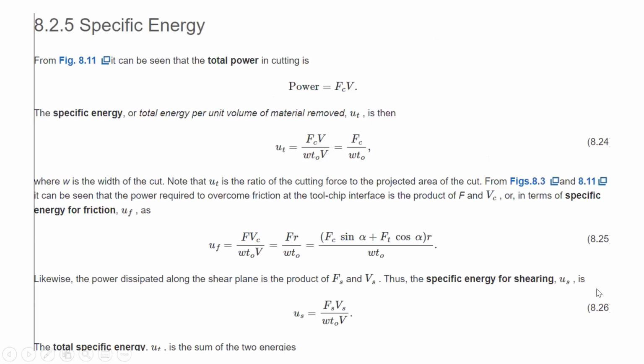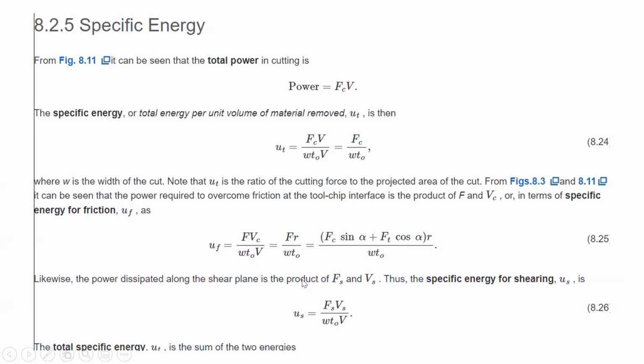So I have this one, say, T0 divided by TC, chip thickness, equals to R. So this is sin alpha, this is sin alpha. Alpha is the rake angle. So this is US for shear, and US Fs multiplied by Vs equals this one.